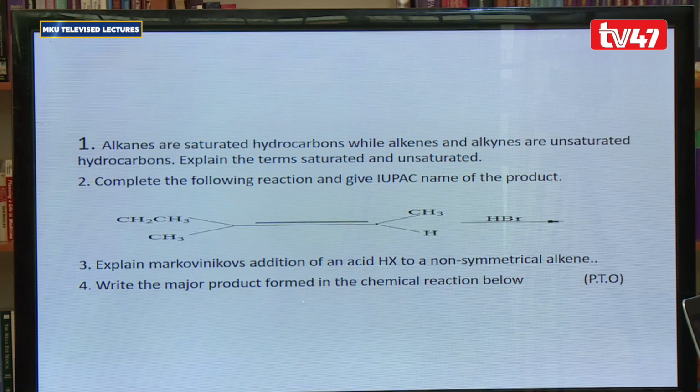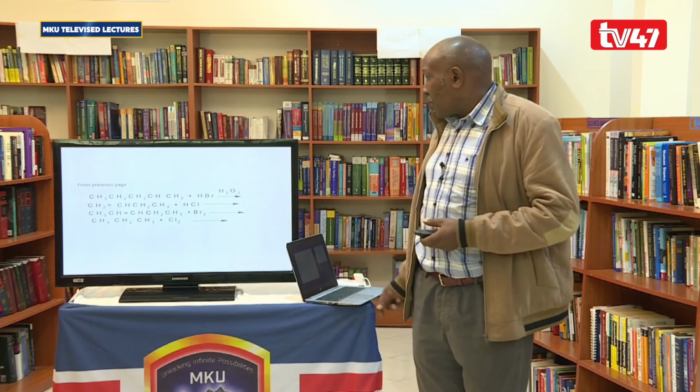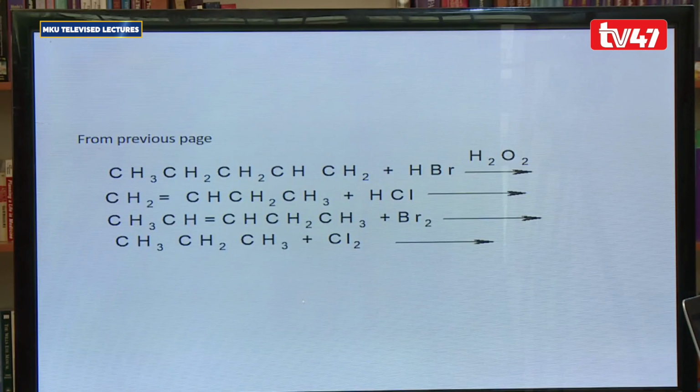Point number 3, explain Markovnikov's addition of an acid HX to an unsymmetric alkene. You can go and look at the rule. Write the major product of the following reaction. There are reactions, and considering what we have covered in lesson 2, you can be able to come up with expected products. Thank you.